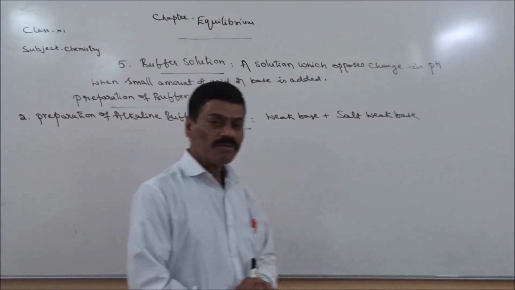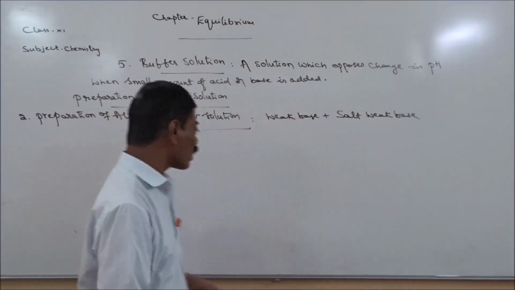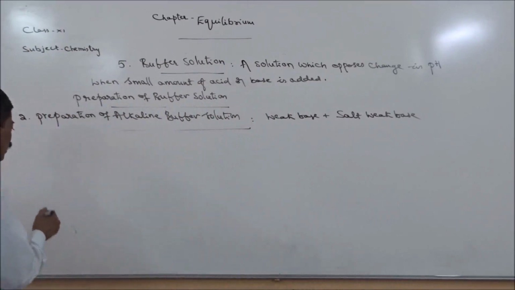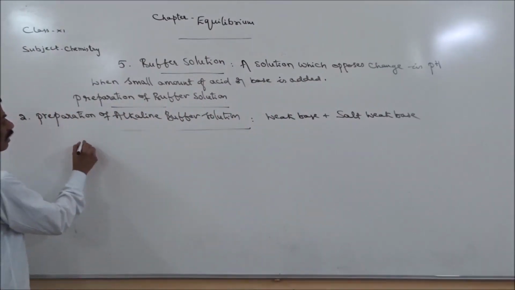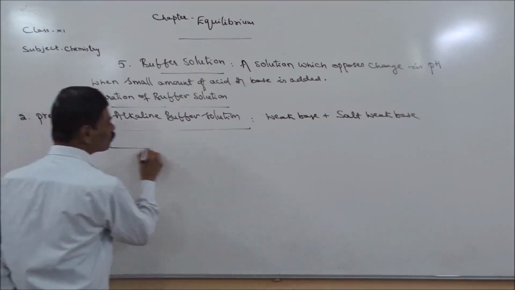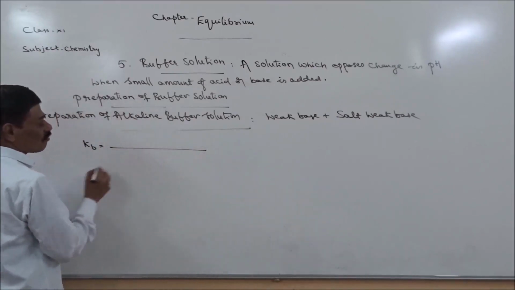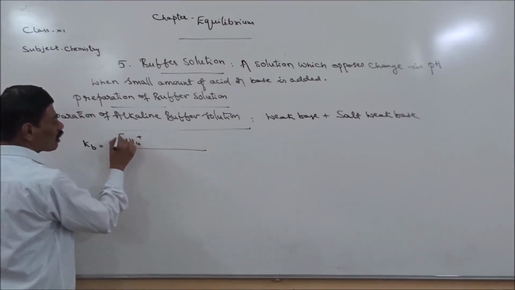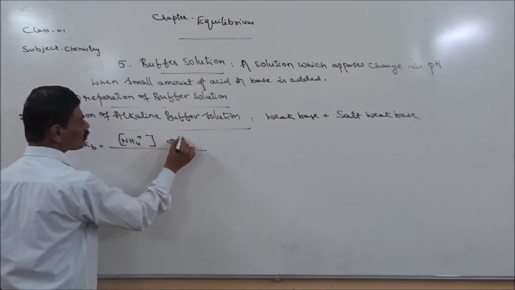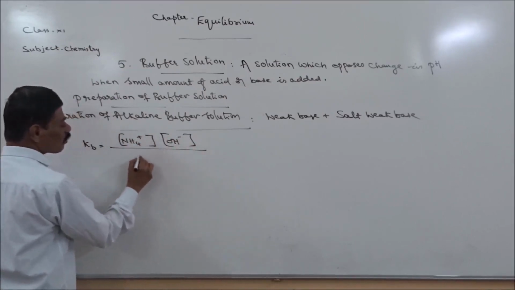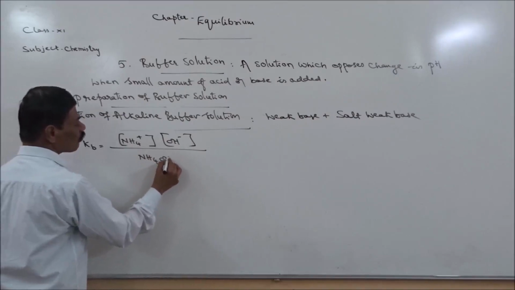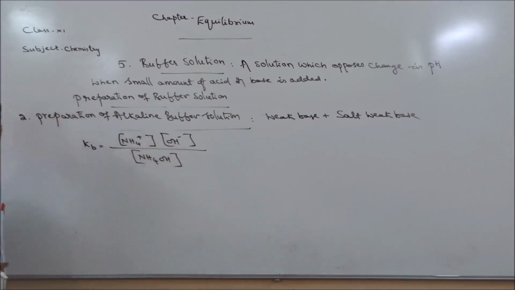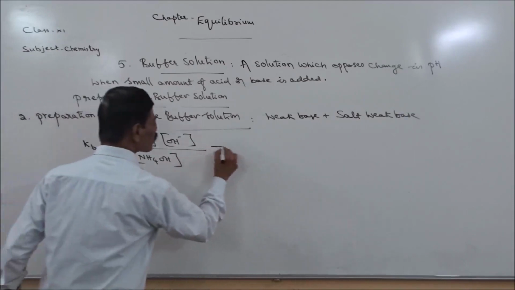Yes, children. Now we are going to apply the law of chemical equilibrium. Then Kb is equal to molar concentration of NH4 plus ion multiplied by OH minus ion divided by molar concentration of NH4OH. Right? Now what I am going to do is take OH minus towards the left hand side. Let this be equation number 1.